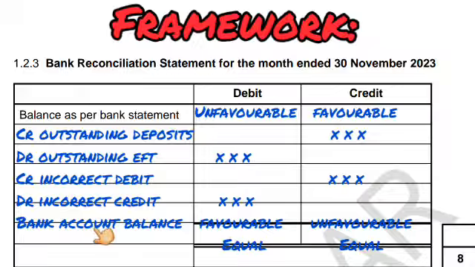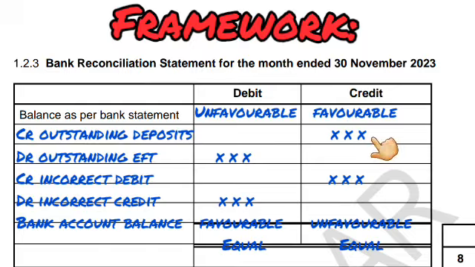It's the opposite of the bank account. Remember, a bank account is favorable on debit and unfavorable on credit, whereas a bank statement is unfavorable on debit and favorable on credit.